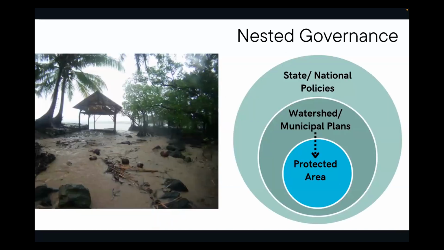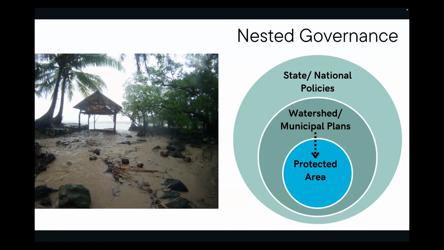So for example, dirt being washed into a marine protected area from erosion of cleared land that's adjacent to the site can smother mangroves, seagrasses, and corals, which provide habitat for fish. So this could make it impossible for these protected areas to improve fish populations. The marine protected area alone is not going to be able to address the erosion issue.